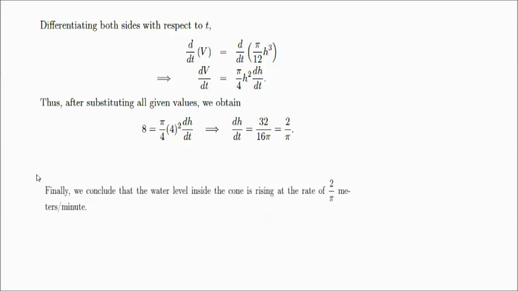So we have h is equal to 4. Then ito yung hinanap natin, di ba? dv over dt is equal to 8. So solving for dh over dt, we have 2 over pi. So ibig sabihin, yung conclusion natin, yung water level inside the cone is rising at the rate of 2 over pi meters per minute.